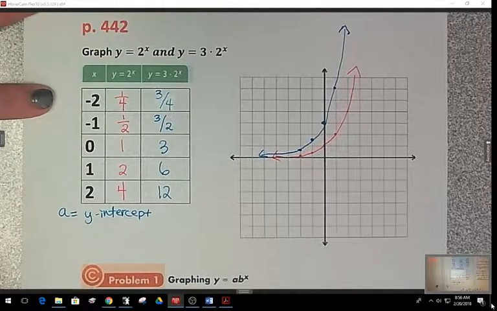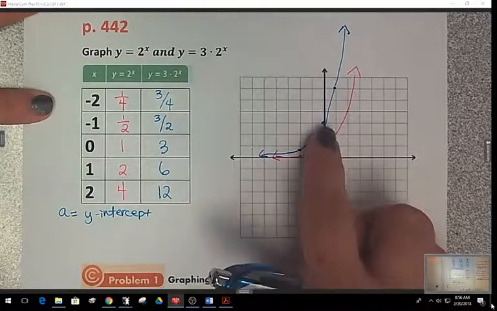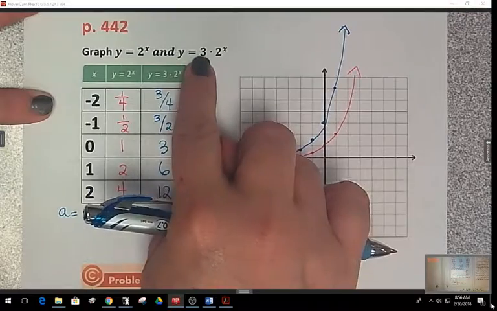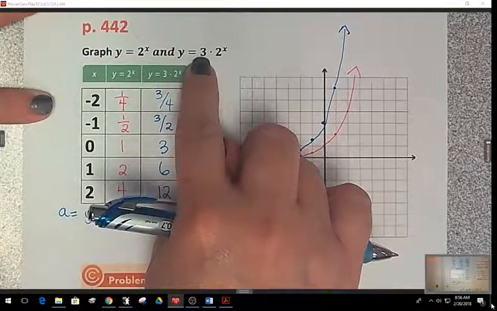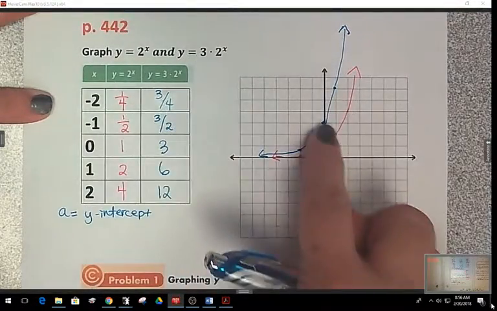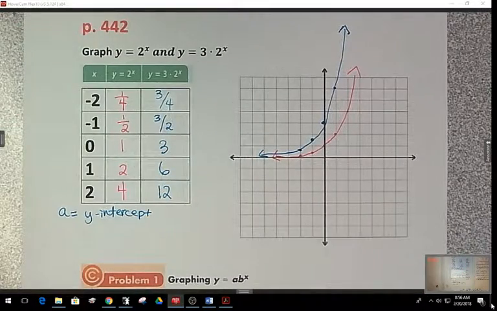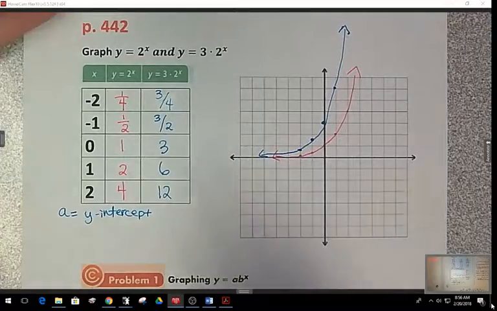We know that when your b is between 0 and 1, it changes the direction. But when your a value changes from a 1 to a number larger or even smaller, it just changes your y-intercept. It makes it look like maybe it's stretched a little bit, but all it is is it has moved your y-intercept. That's it.